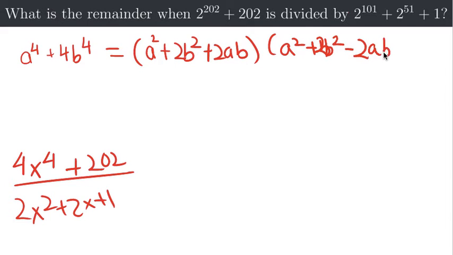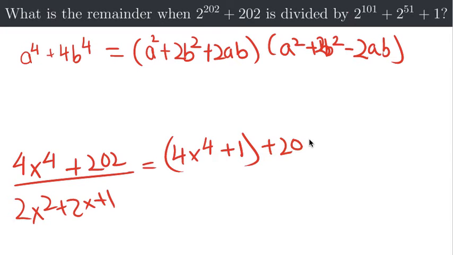minus 2ab. Instead of taking on 202 all at once, to simplify this a bit, we can let a be 1, and rewrite this as 4x to the power of 4 plus 1, using the associative property.